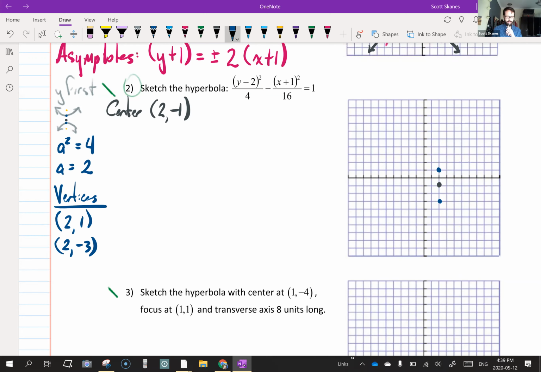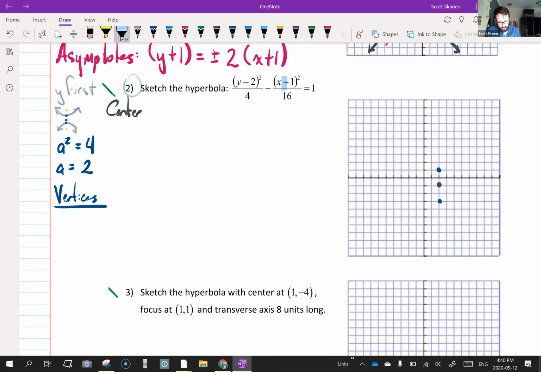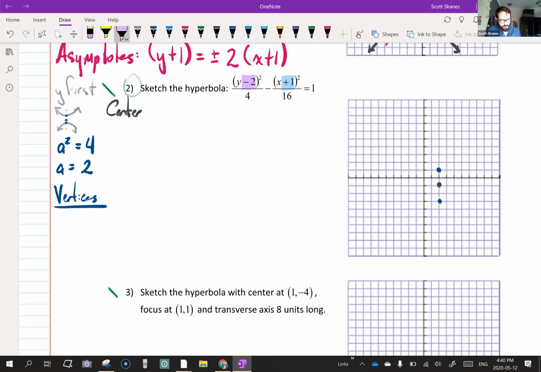I'm looking at my previous notes, and I feel like maybe that's not right. Oh! I make this mistake all the time. This is not my center. Why is it not the center? Well, it's not my center because this is H, and this is K. So I should have written H first and K second.